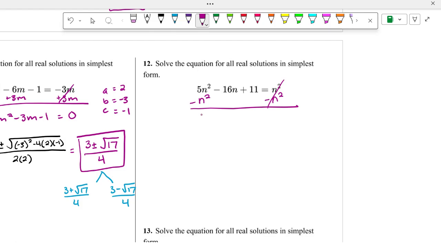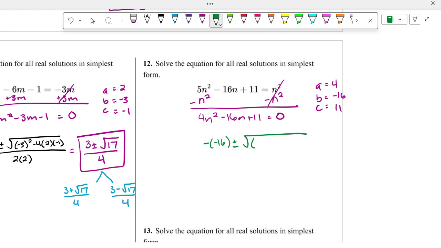So that gives us 4n squared minus 16n plus 11 equals 0. So A, B, and C, that'll be 4, negative 16, and 11. So if I just put it flat out into the formula, this would be negative negative 16 plus or minus the square root of negative 16 squared minus 4 times A, which is 4, times C, which is 11, all over 2 times 4.